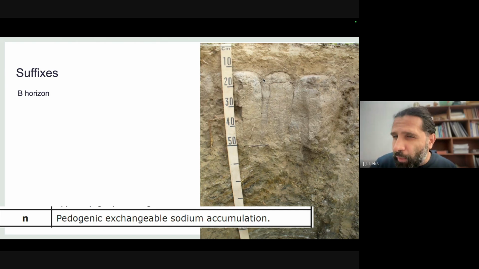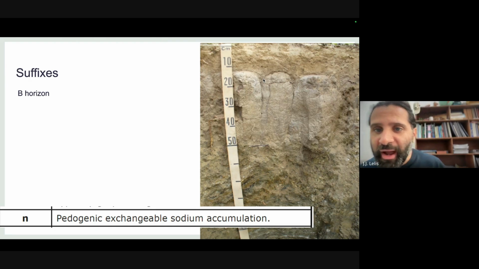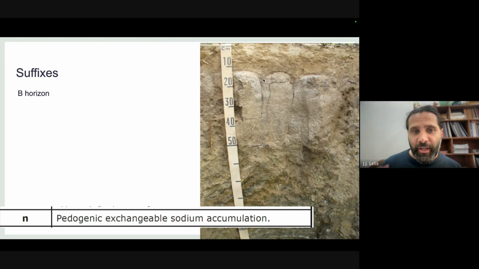I will talk more about this when we talk about planosols and solonetz and some alfisols, especially in the driest regions. But for now, you just need to memorize that this kind of feature expresses a high sodium concentration. It's one of the tips that shows you that you have a high sodium concentration in your soil.